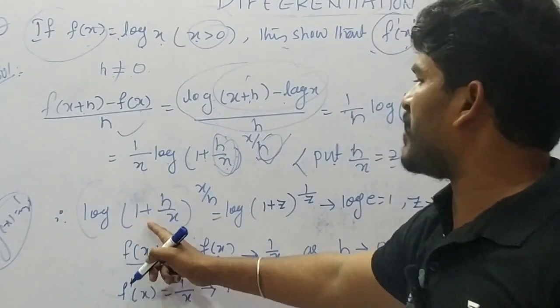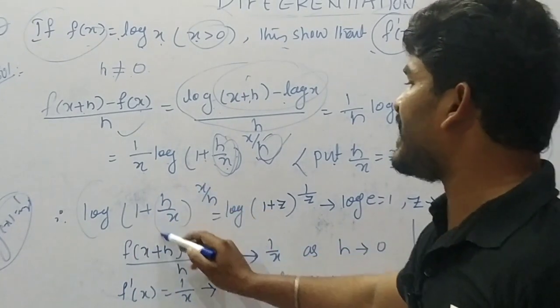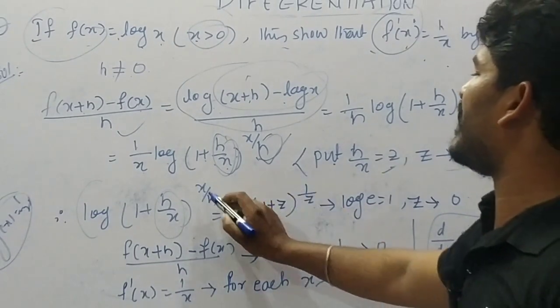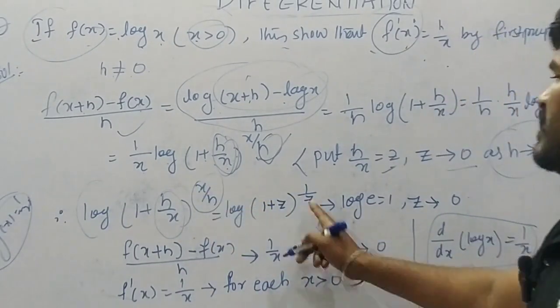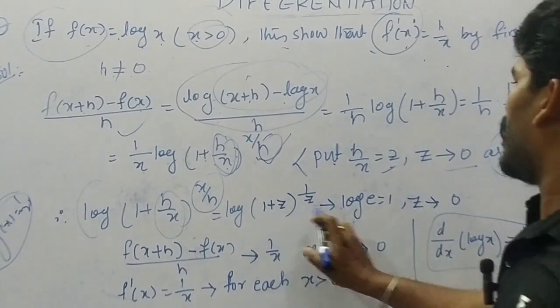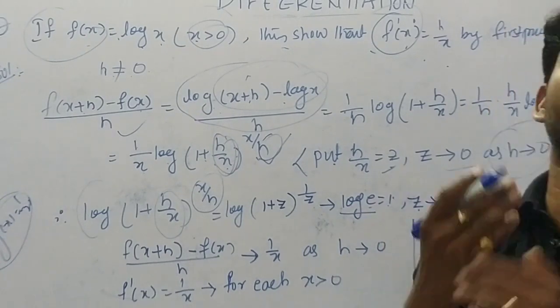Therefore, log of 1 plus h by x whole power x by h equals log of 1 plus z whole power 1 by z, which gives log e equal to 1 as z tends to 0.